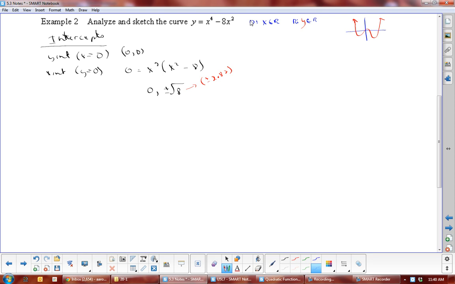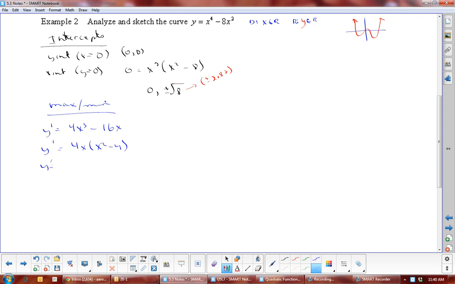Okay, so we don't have to do asymptotes, of course, so let's go for max and min. We need the first derivative. So y prime equals 4x cubed minus 16x. Take out 4x, leaving x squared minus 4.